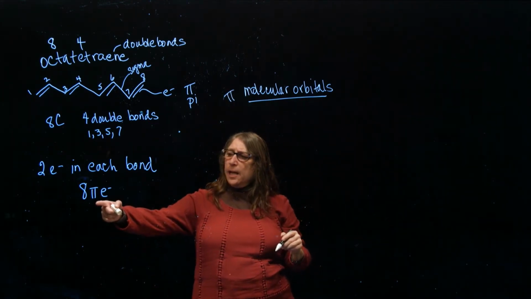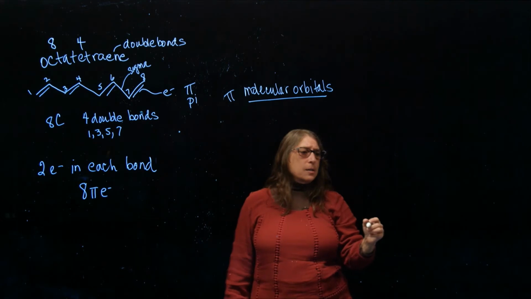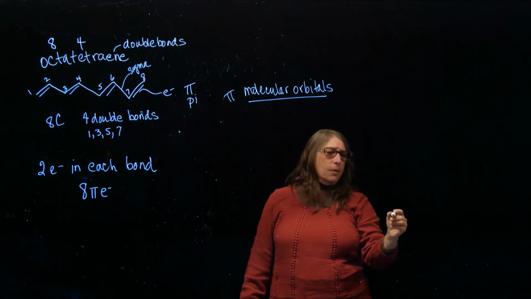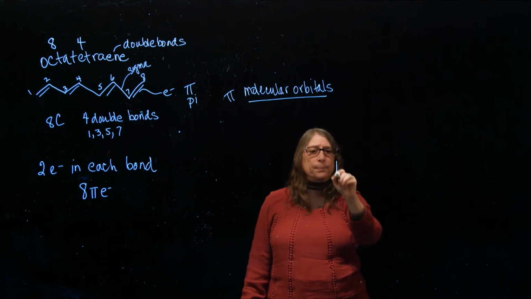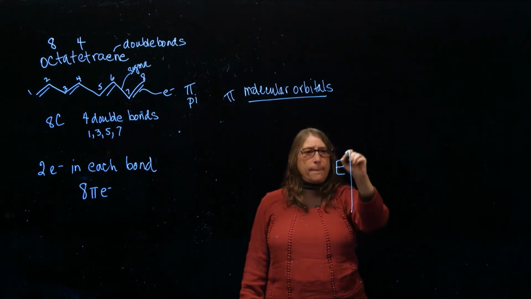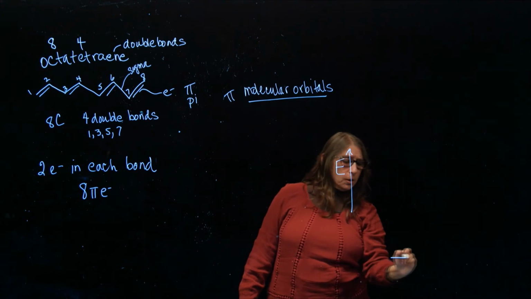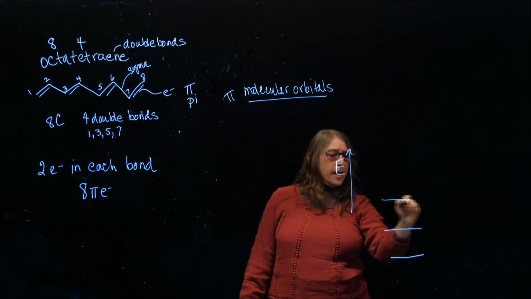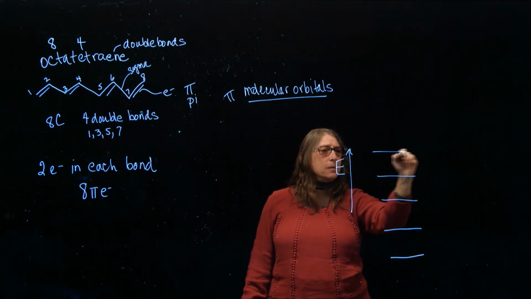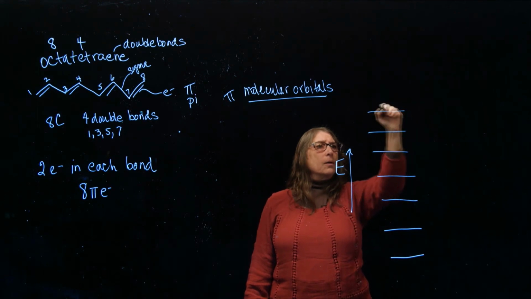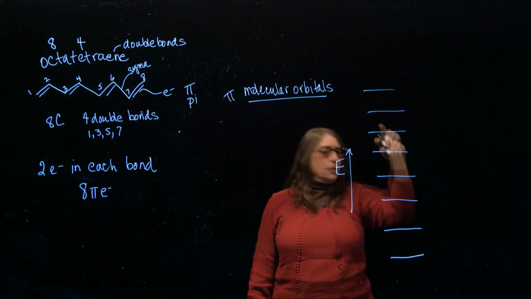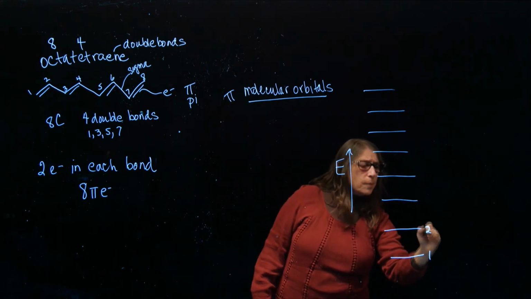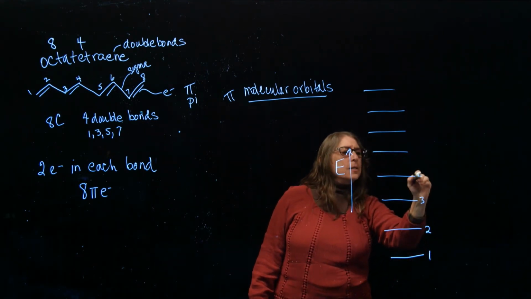And if I have 8 pi electrons, I need to construct an energy ladder that has a total of, it turns out, 8 orbitals. 1, 2, 3, 4, 5, 6, 7, 8. Good. I'm going to just number these to remind myself what is going on.